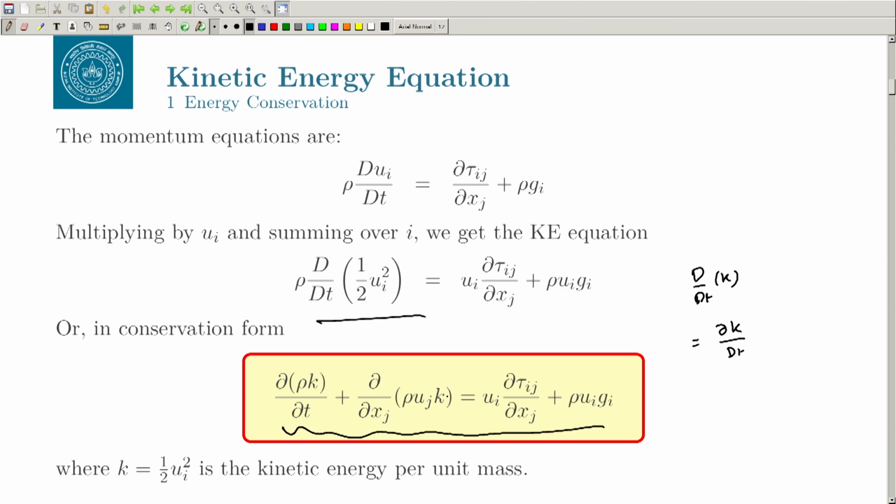So, that rho goes inside, okay, and this will become d by dt rho k plus d by dxj rho uj k, right. If you use the chain rule and then use the equation of continuity, you can get it back into this total energy form, okay, and the right hand side remains the same, okay.